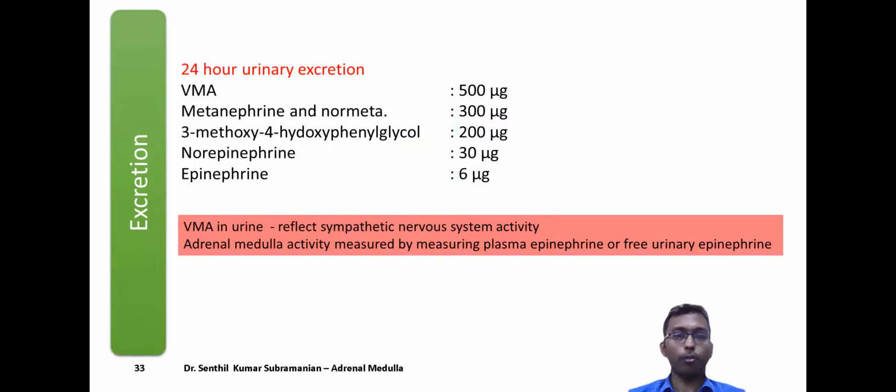The degraded catecholamines are excreted by the kidney. The major form of catecholamine excreted in the urine is vanillyl mandelic acid, and free norepinephrine and epinephrine are very little in the urine. So if we measure vanillyl mandelic acid in the urine, it reflects sympathetic nervous system activity and not adrenal medullary activity.